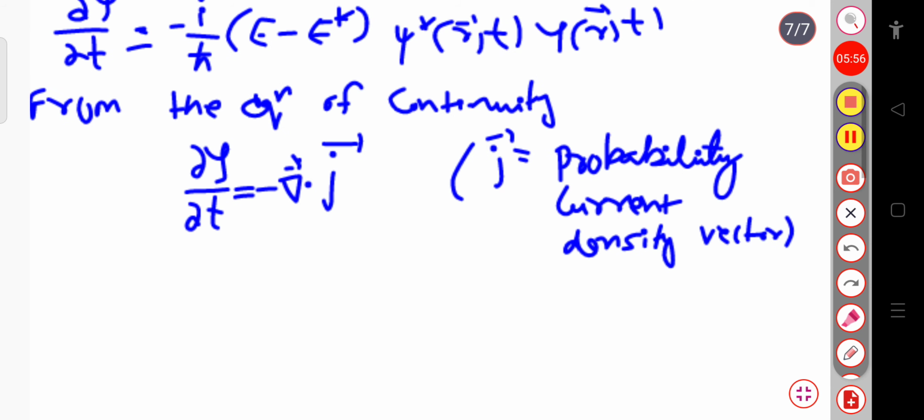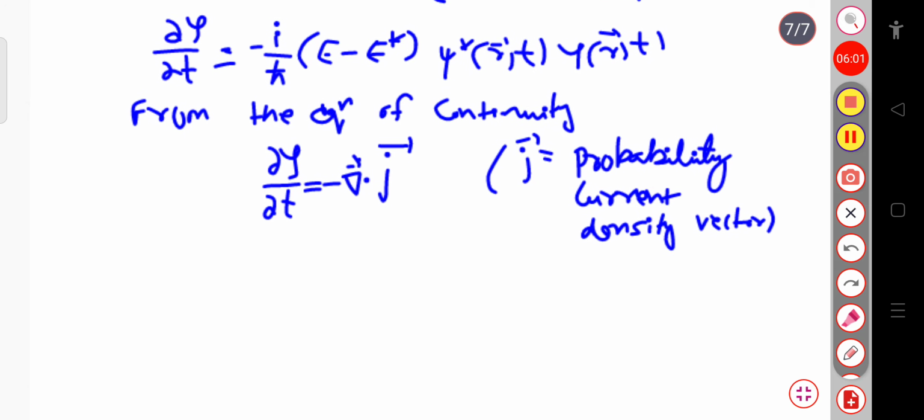Now if I compare these two equations, this is your dou rho by dou t, and this one is from the equation of continuity. So in place of dou rho by dou t we can now write minus del dot j.